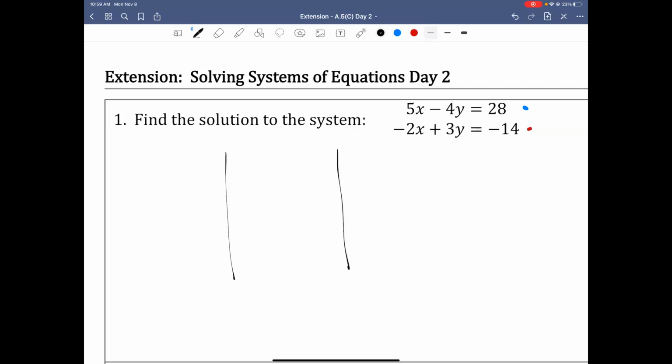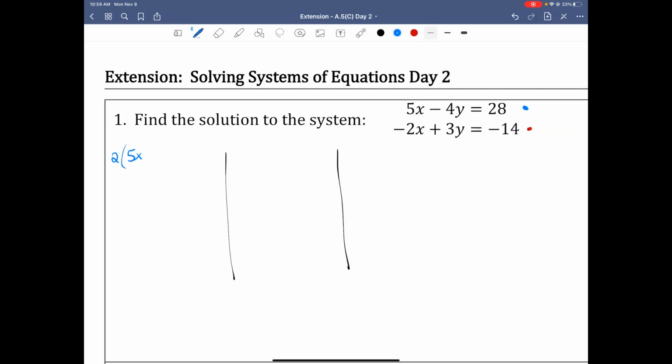And so if I look at the first equation, what am I going to have to multiply 5 by in order to get a 10? And the answer is a 2. And so I'm going to multiply my blue equation by a 2 so that we can eliminate the x's.